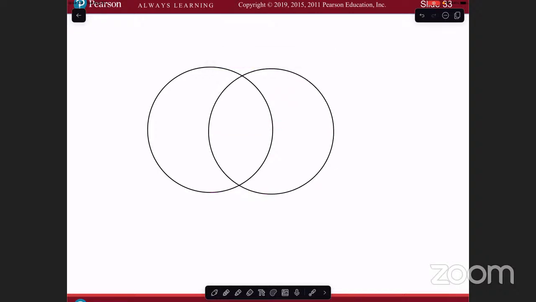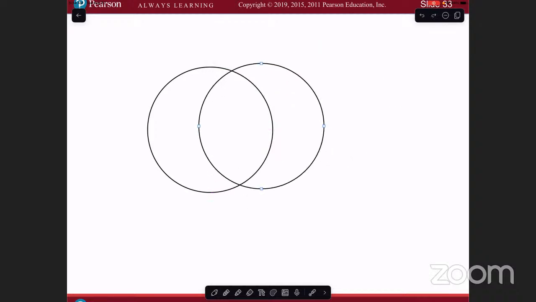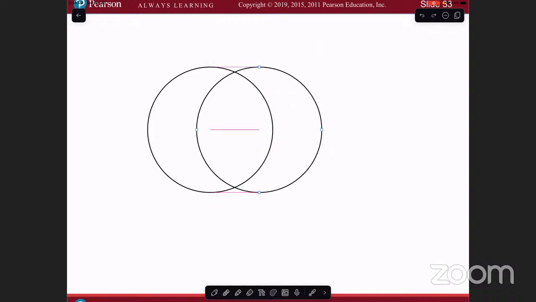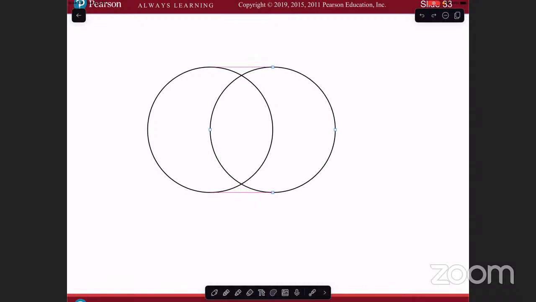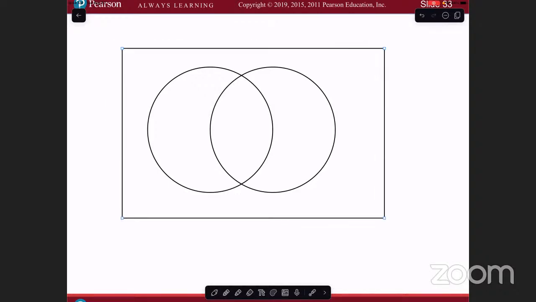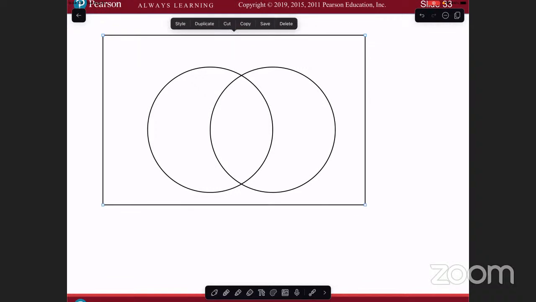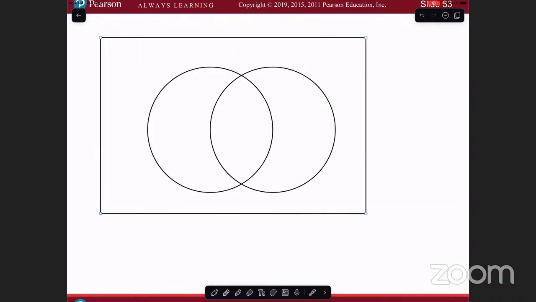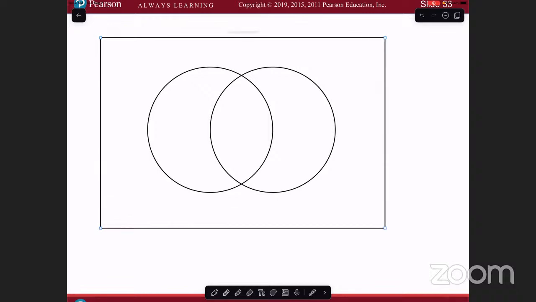Oh, undo. That's decent. Let's go ahead and do our universal set. So we need something like this. Okay. So now let's go back.